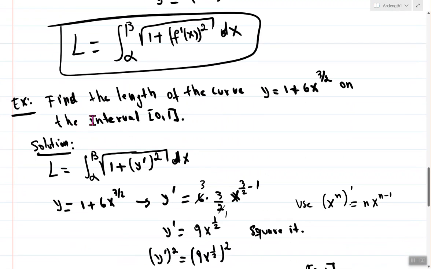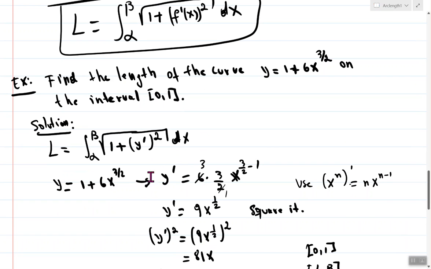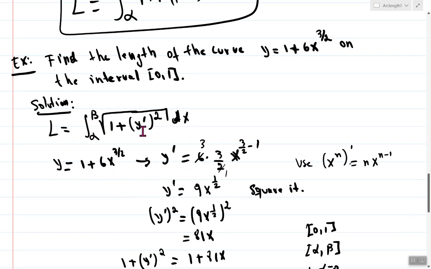The first example is to find the length of the curve y equals 1 plus 6x raised to 3/2 on the interval 0, 1. So we know the formula is L equals the integral from alpha to beta of the square root of 1 plus y prime squared dx. So what we need to do is take the derivative of y. Our y is 1 plus 6x raised to 3/2.